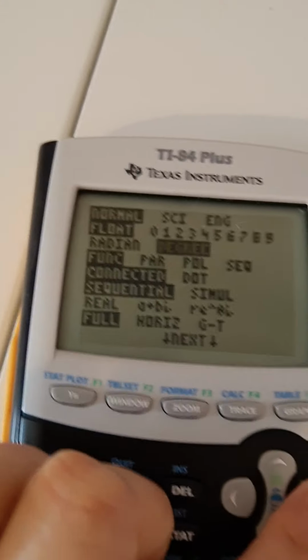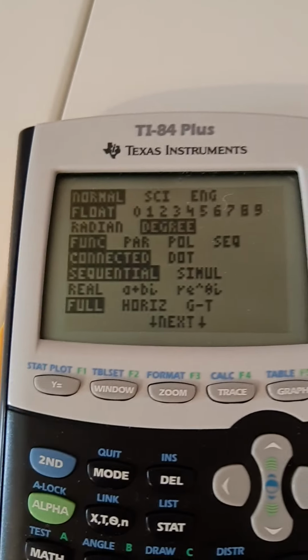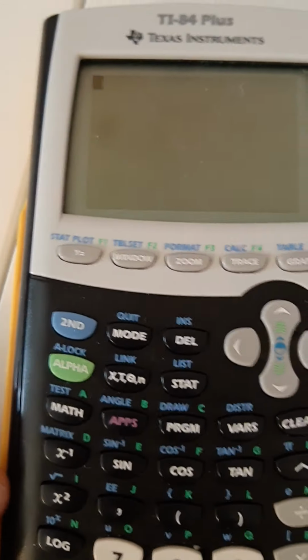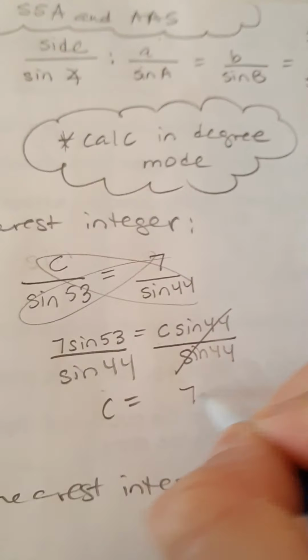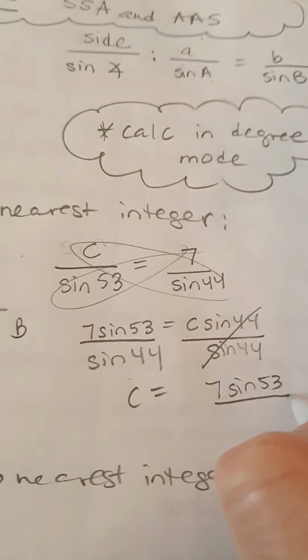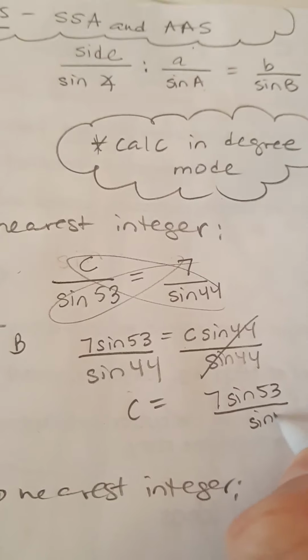Arrow over to degrees, hit enter. To get out of this, hit second mode, so you're in the home screen. What we're doing is typing in the calculator 7 times the sine of 53 divided by the sine of 44.